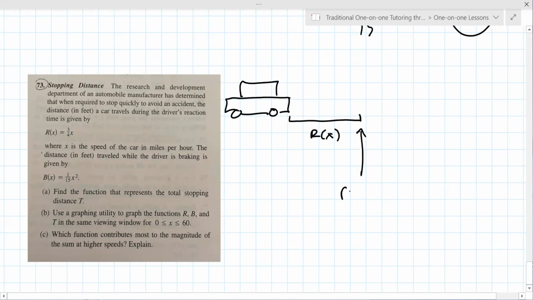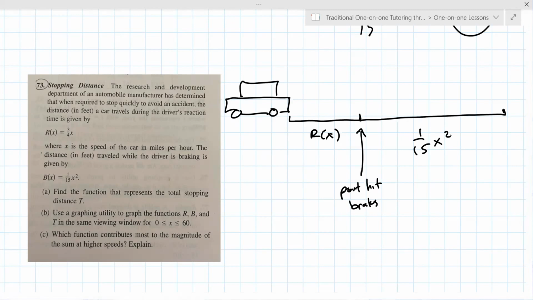This is the point where you hit the brakes. You see this problem in physics a lot. From here you hit the brakes, and there's another amount of time that it takes you to stop. Is that clear? Yes. Okay.